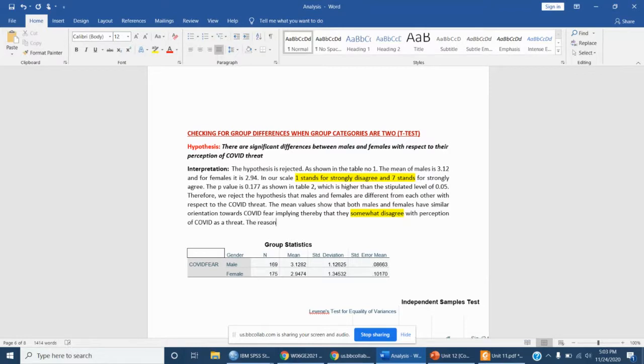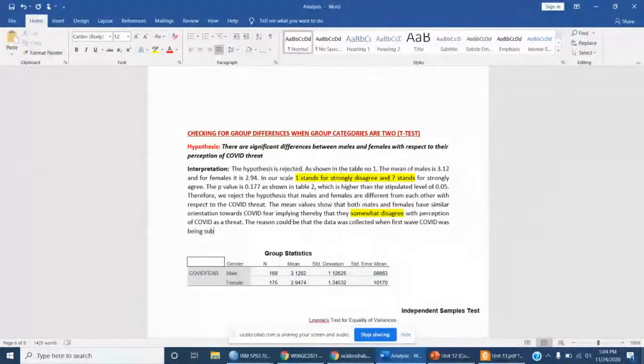The reason could be that the data was collected when the first wave of COVID was subsiding. So fear regarding COVID did not sustain well among people.